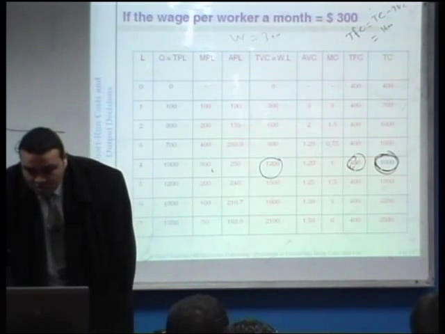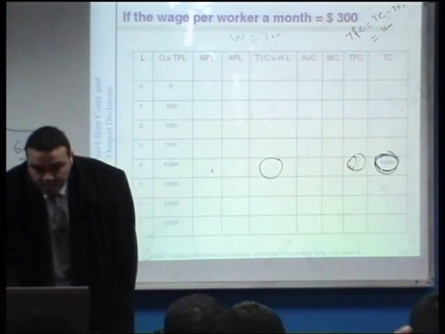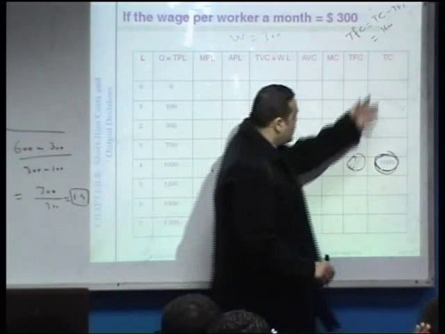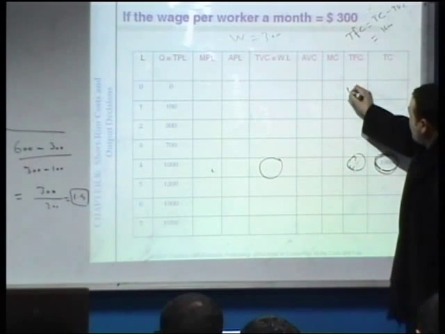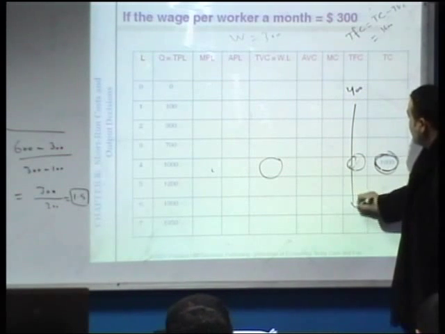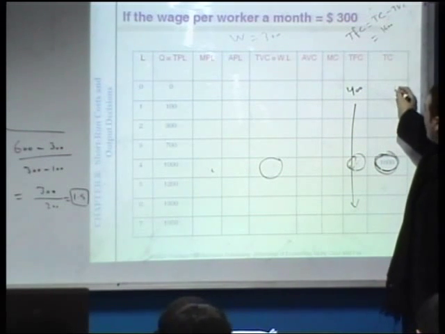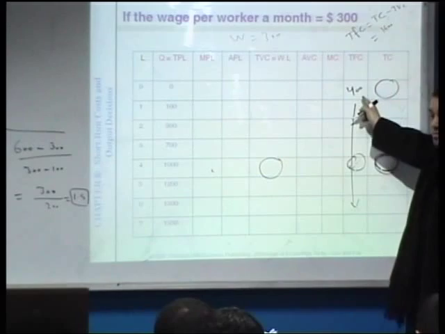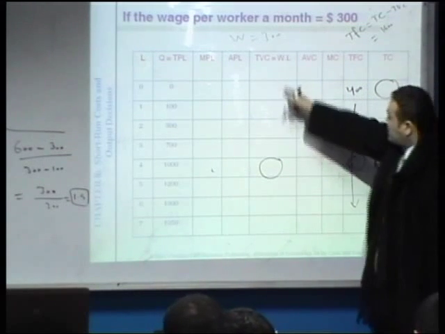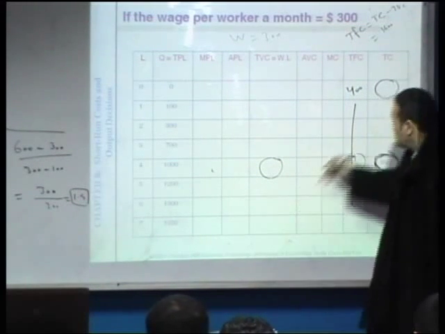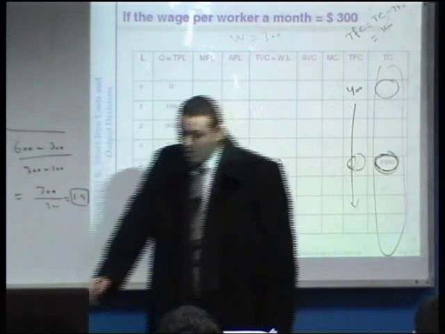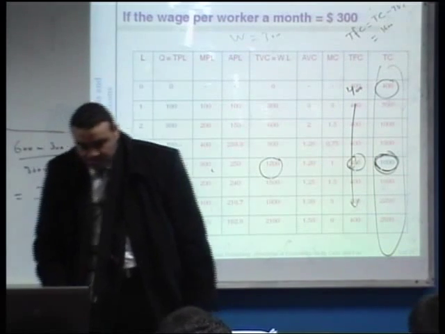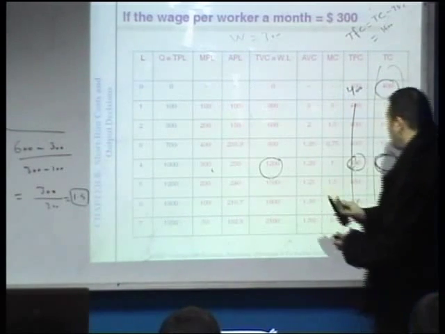Then it's easy to complete the table and calculate the values of total cost. When the total fixed cost equals 400 in all cases, the total cost equals TFC plus TVC. It's illustrated in this table.